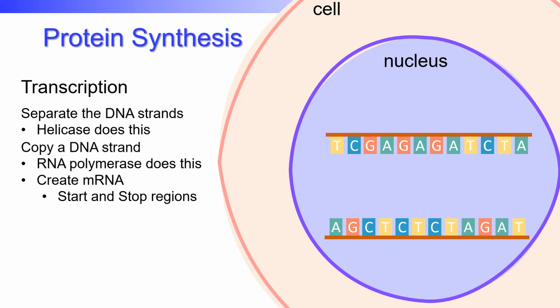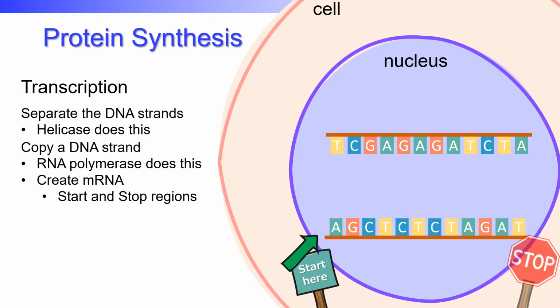But somewhere in those additional bases, there's going to be something that's considered a start signal. And then towards the end, we're going to see the same thing, where there are some additional bases that we don't need that are not part of the recipe, and somewhere in there is embedded a stop signal.